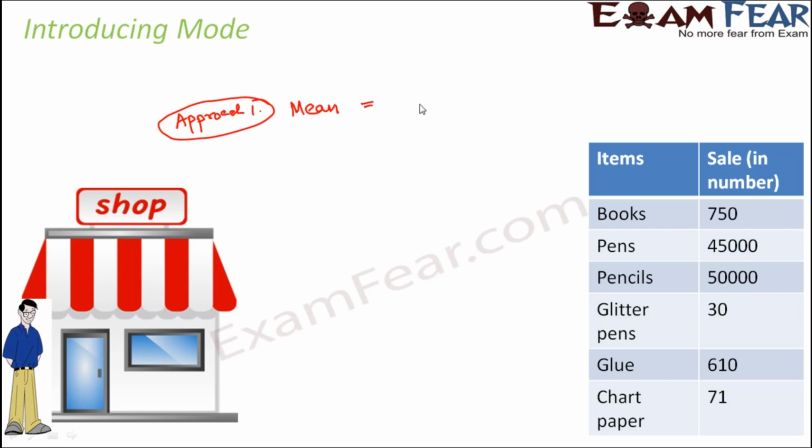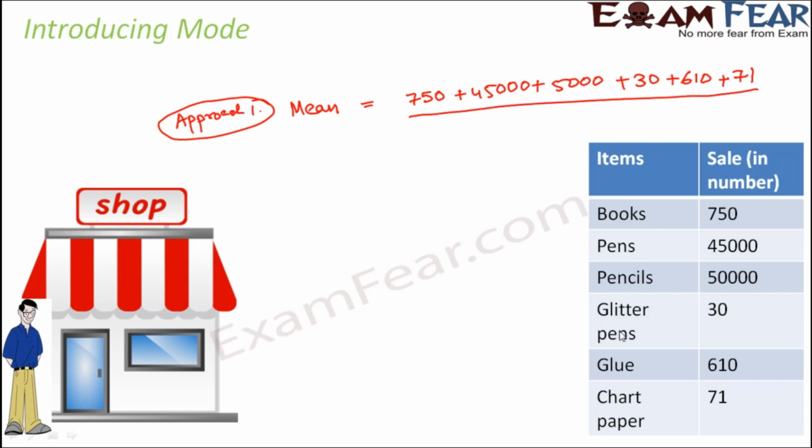If you find the mean, it would be 750 plus 45,000 plus 50,000 plus 30 plus 610 plus 71, divided by how many items? 1, 2, 3, 4, 5, 6. So divided by 6. This value comes out to be 16,076, approximately.